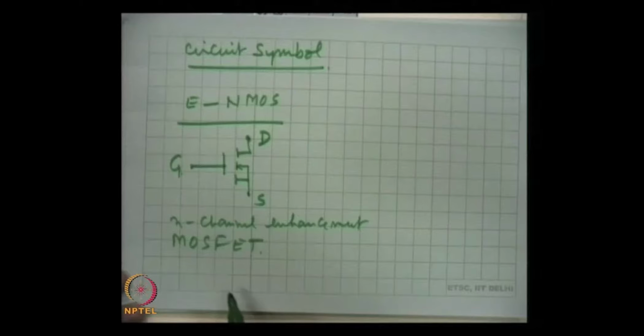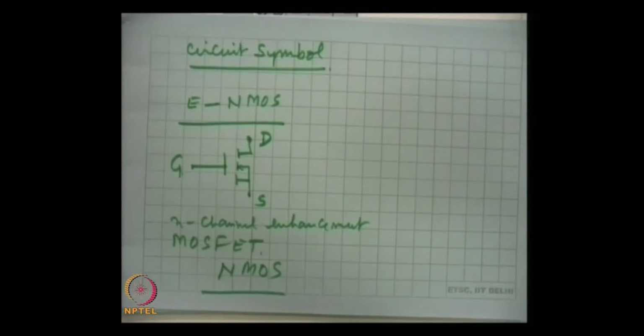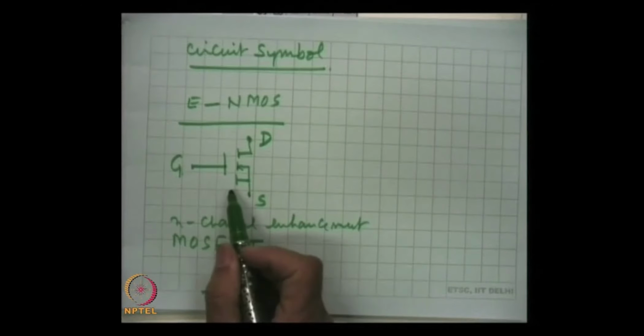It is so popular that it is simply said NMOS. NMOS stands for n channel enhancement MOSFET, and circuit symbol is this.